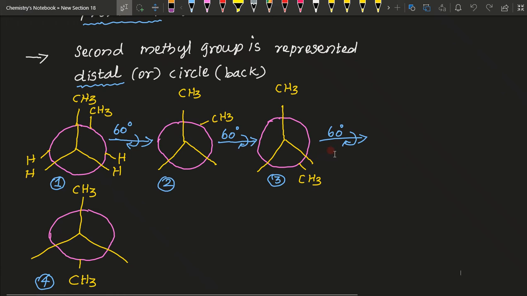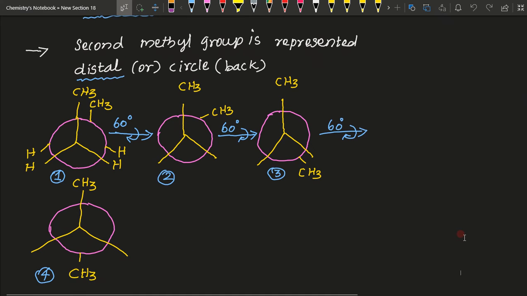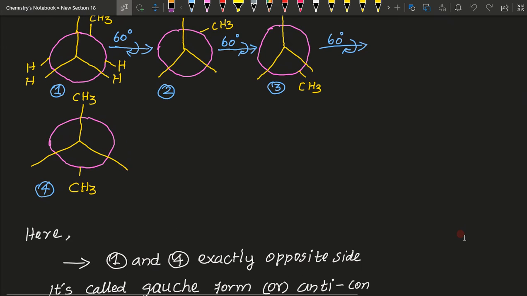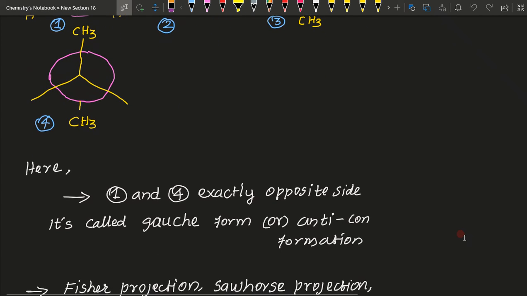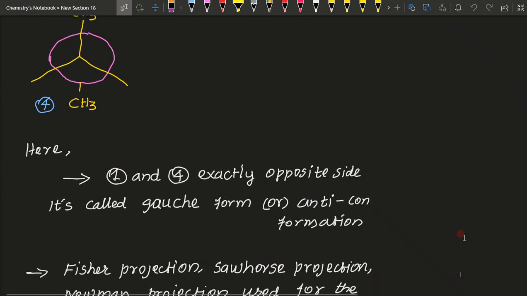Again if we rotate 60 degrees, see, here both methyl groups are on opposite sides. Here 1 and 4 are exactly opposite, in opposite positions. It is called the gauche form or anti-conformation.